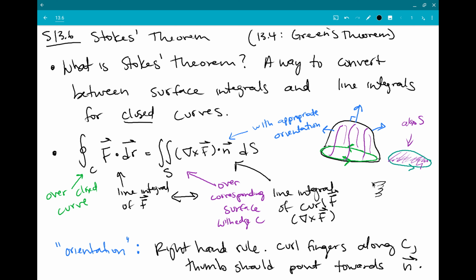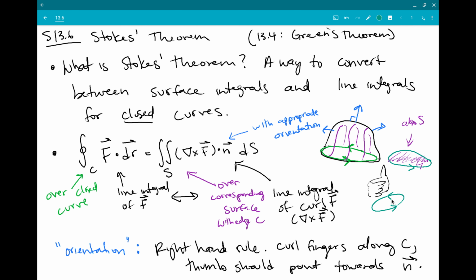Okay, here's a right hand. I've had the right hand's fingers curling in the same direction as that curve C I drew before. Imagine the palm is facing into the curve, and you're wrapping your fingers around so that you could follow the curve. Then the thumb is pointing upwards.